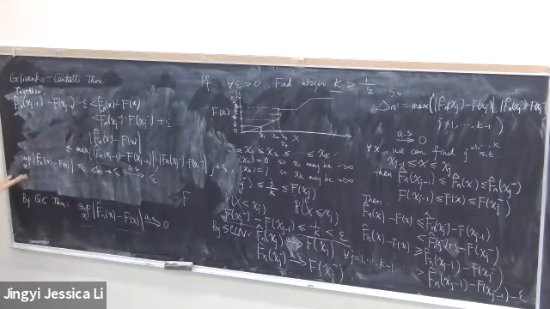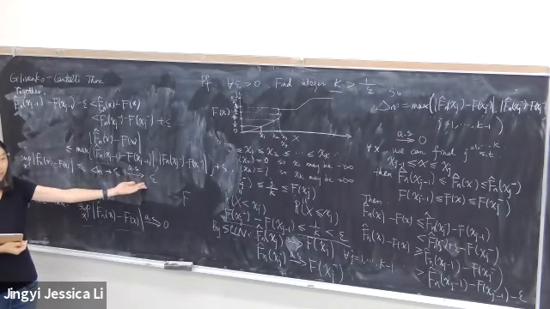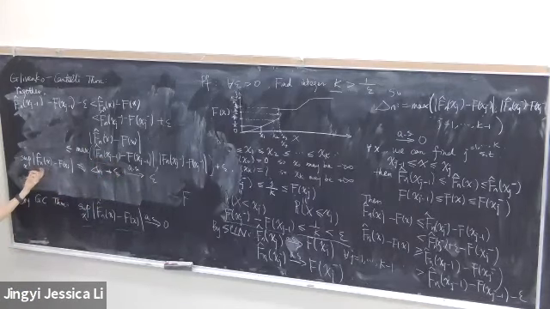Then we're done, right? Because this epsilon is any positive epsilon. We can let it go down to 0. So this hand side will go down to 0. So that's the proof.